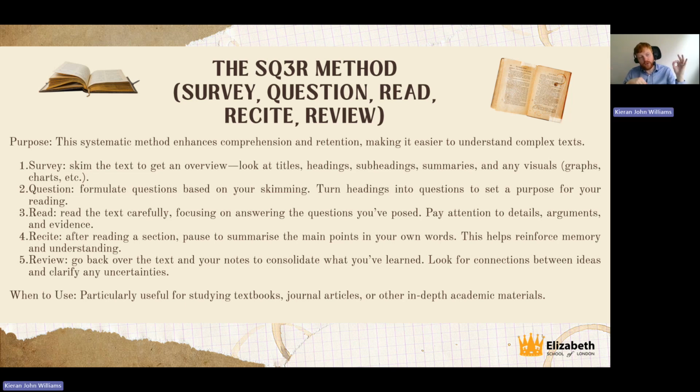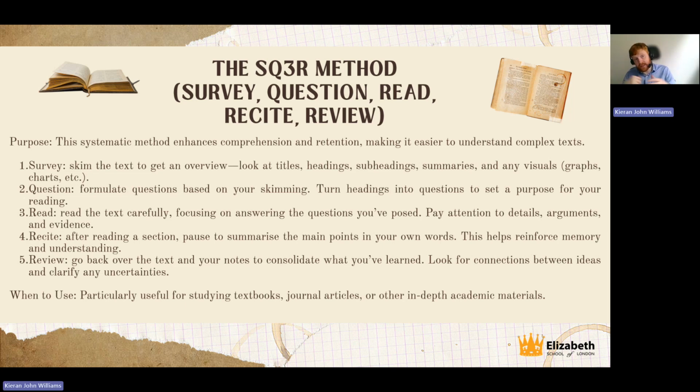Then what you're going to be doing is questioning. So you're going to create some questions in your head based on what you have just skim read. Try to turn those headings that you looked at into questions in order to get a purpose for your reading.